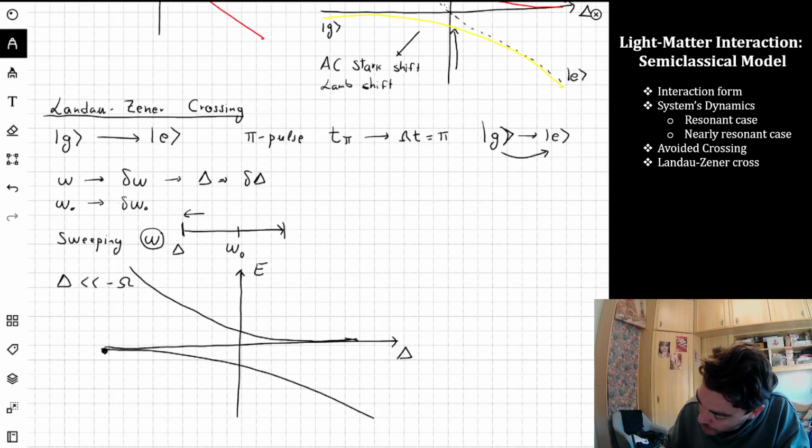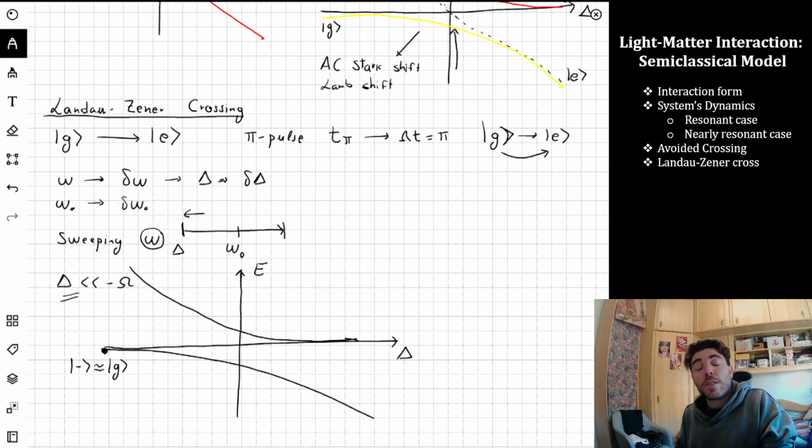So this is delta, we are starting at a very small delta. So this means that the state of the system is basically the ground state, right? The light is so far detuned from one side that the states are not mixed. But now you start sweeping frequency, and in particular you start increasing the frequency. So you go in this direction.